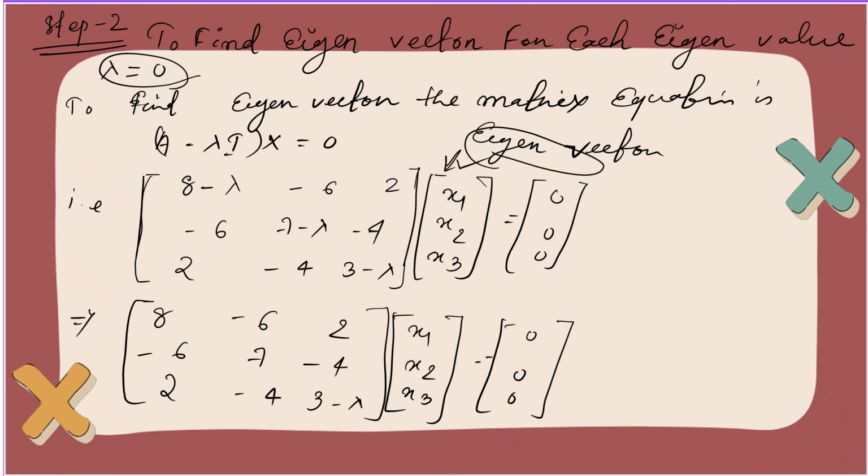So let's solve this. 8x1 minus 6x2 plus 2x3 is equal to 0. This is equation 1.